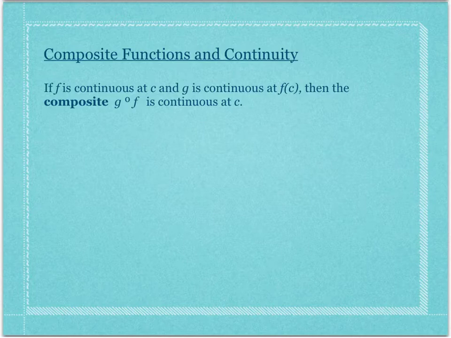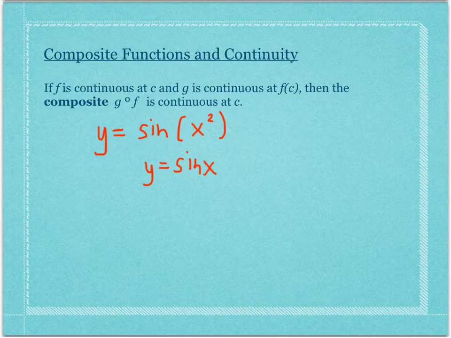So for instance, if I looked at a particular function like this, y equals the sine of x squared, one would wonder whether that's a continuous function or not. Again, you could look at this on your calculator graphing wise perhaps, but if I look at the two parts of this function, one of them which would be y equals the sine of x, and the other which would be y equals x squared, and really that is a composite.